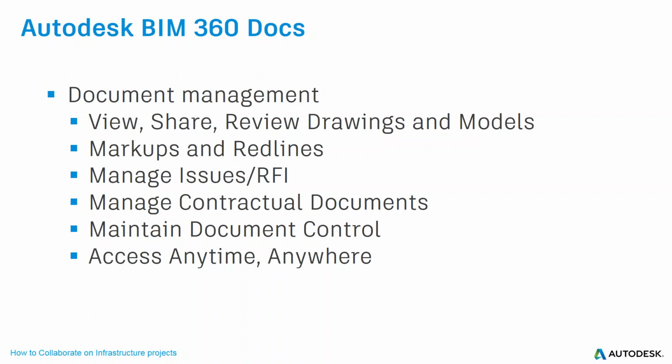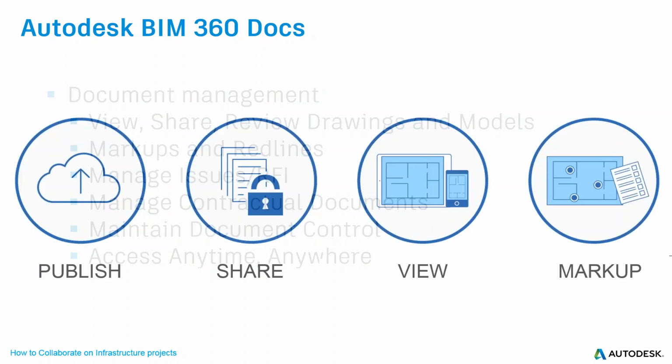And then we are talking about contractual documents, basically the documents which you want to send on site, and all that kind of stuff can be really done in our cloud solution. And last but not least, again, access anytime, anywhere. Basically, all the data are available in cloud, and anybody, or maybe I should correct myself, a person who has been granted permission to go to the model, can access it anytime and anywhere.